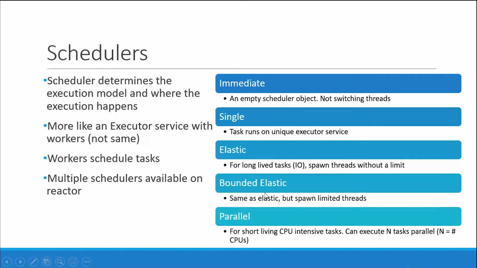So it will reuse the same threads and do the work. Parallel schedulers we use for parallel tasking. They are for short-living, CPU-intensive tasks. Normally, parallel has n threads, where n equals the available core count on the current CPU.